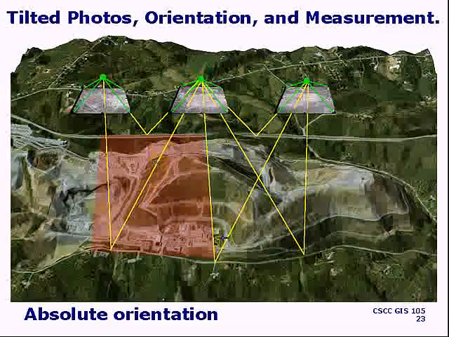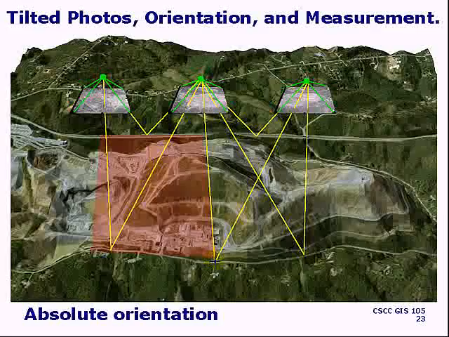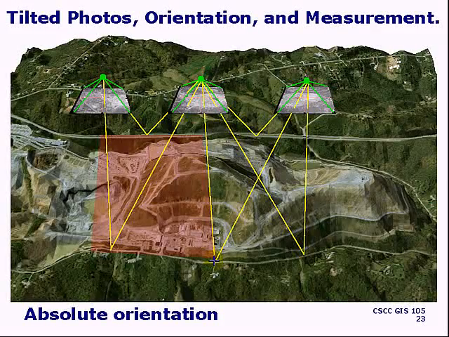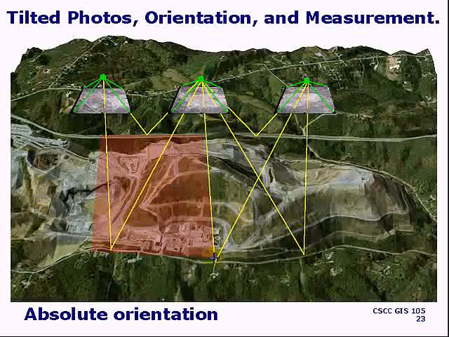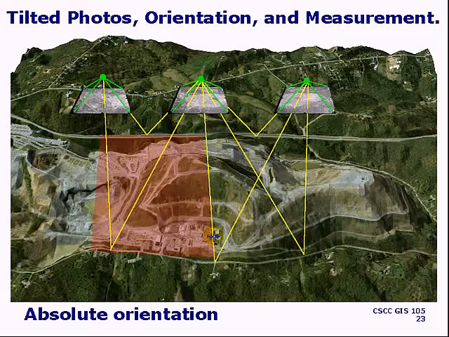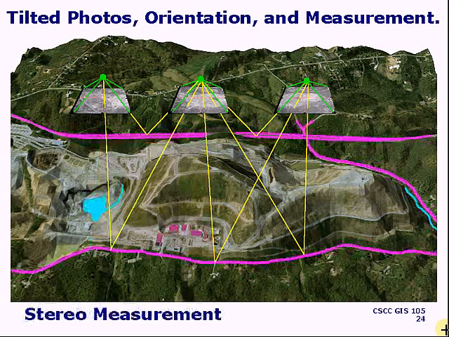So what I need is ground control points, known northing, easting, elevation points that I can make measurements to in the three-dimensional model, relate those to the ground control points, and then tip and tilt the photos, the model itself, rather than just individual photos. Now I'm going to tip and tilt that whole model itself so that it properly relates to the ground.